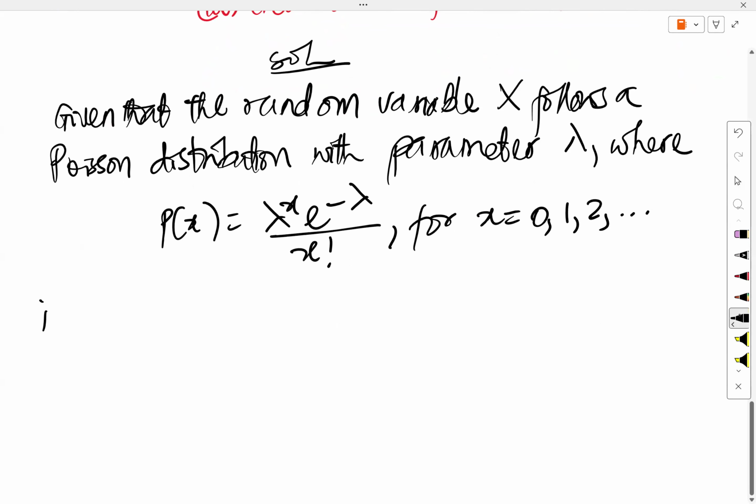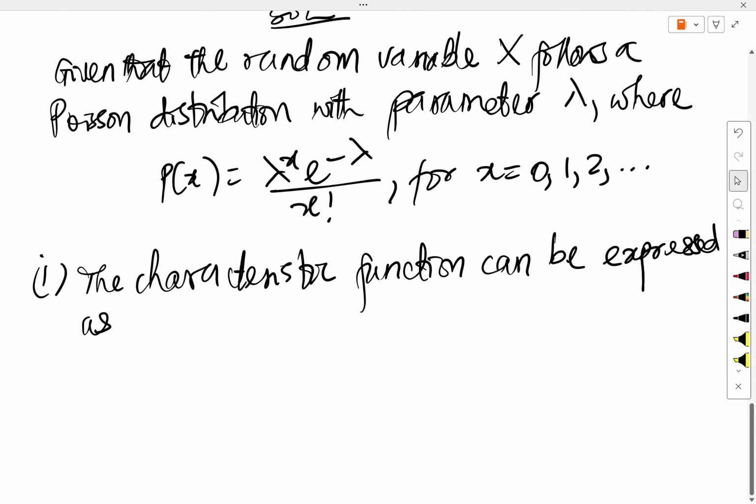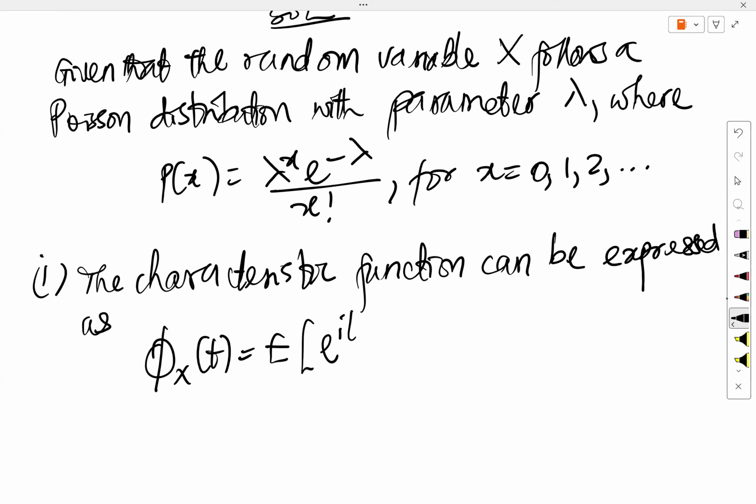So number one, now we need to find the characteristic function. The characteristic function can be expressed as this. We already know what the formula looks like. We have phi x of t, which is equal to the expectation of e raised to the power itx.